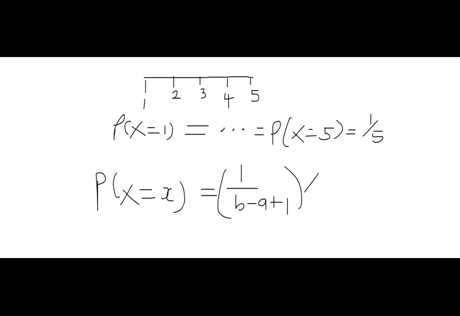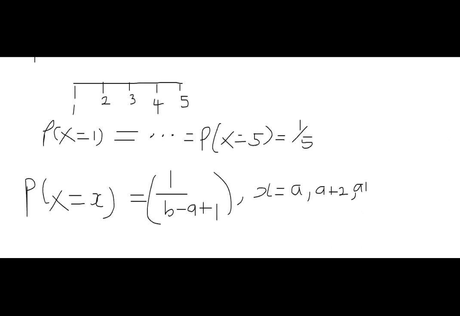X is going to be a, a plus 1, a plus 2, and then you continue a plus 3, until you get to b.